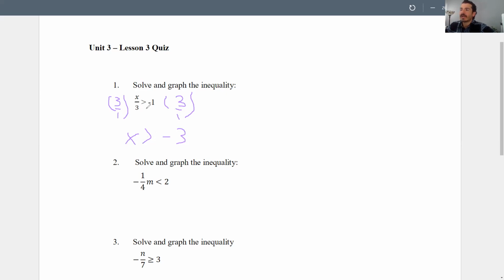But let's check. Let's plug in a number that is greater than -3 into that equation. And just so that we have some visual reference, if this is 0 and this is -3, here's my graph.